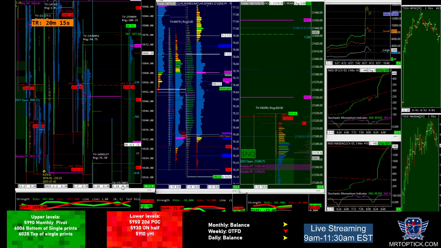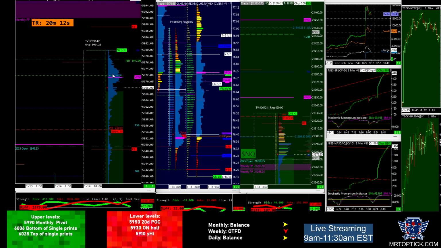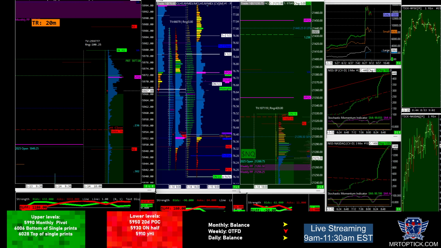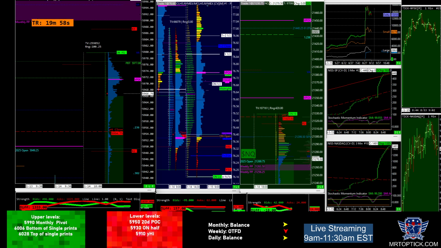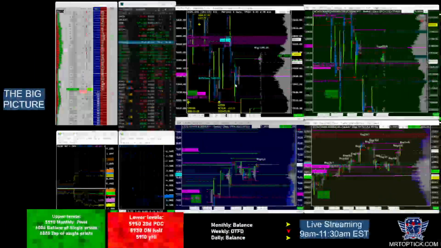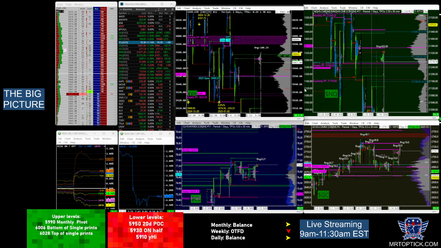Now if we start seeing sellers below the 59.50, then I'm gonna be looking for value area low from this session right here to see if that one holds.